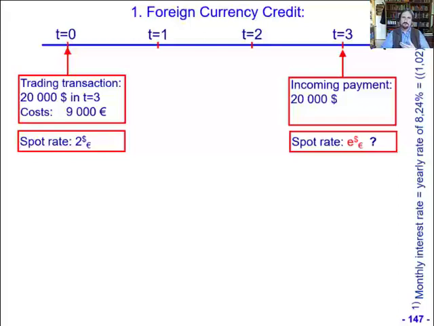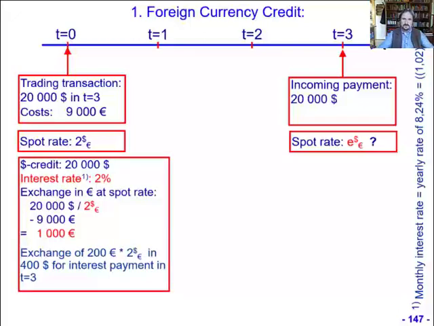A quite simple way to eliminate the exchange rate risk is a foreign currency credit. Let me use the commercial deal just explained 2 slides before to show how a foreign currency credit can be used to perfectly hedge the exchange rate risk.